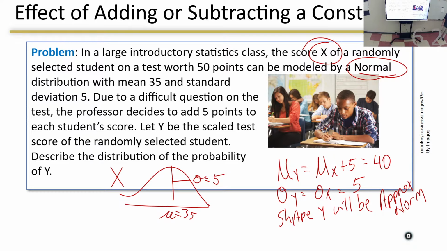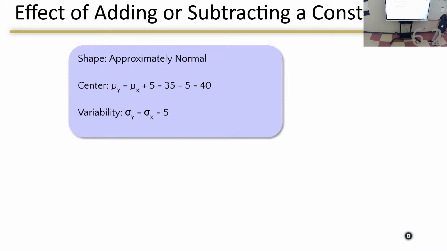I didn't really need to draw that, other than that's just a huge habit of mine. I could have drawn Y, I guess. So what did we do? Shape, approximately normal. Center, mu of Y is equal to mu of X plus 5, equal to 40. Standard deviation of Y is equal to standard deviation of X, which is equal to 5. Easy peasy lemon squeezy.